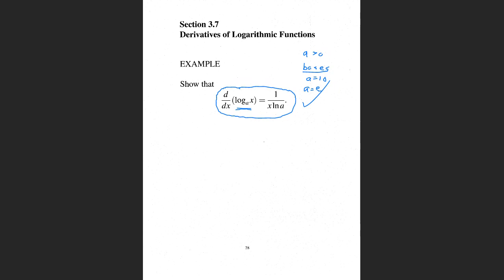Let's go ahead and try to solve. Let's show this result here. We want to show that the derivative of the log of x to the base a equals 1 divided by x times the natural log of a. Now, incidentally, this natural log of a is the same as the log of a to what base?